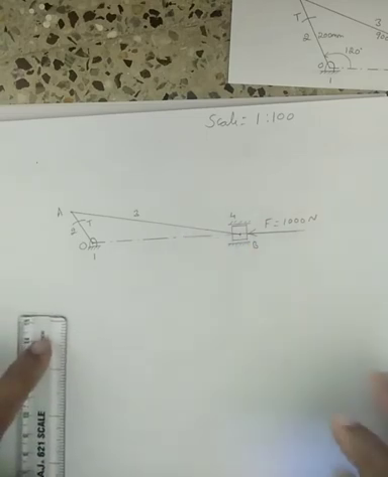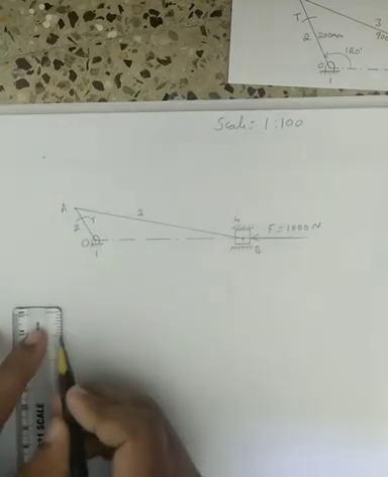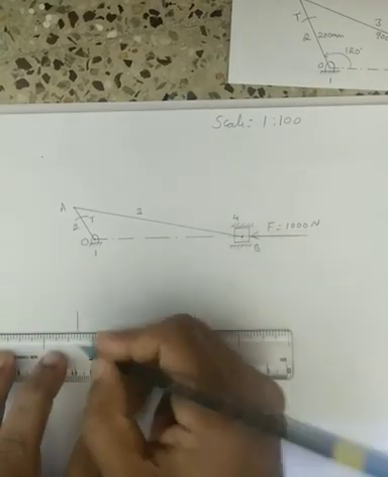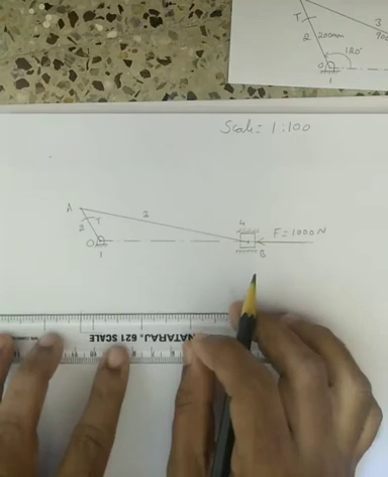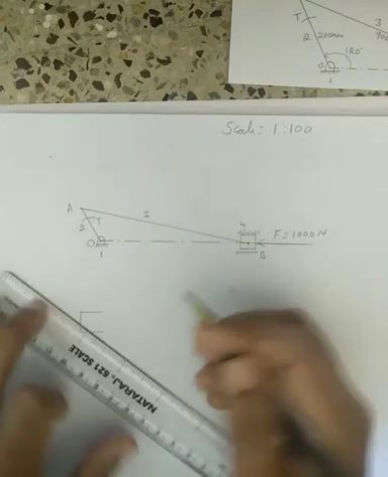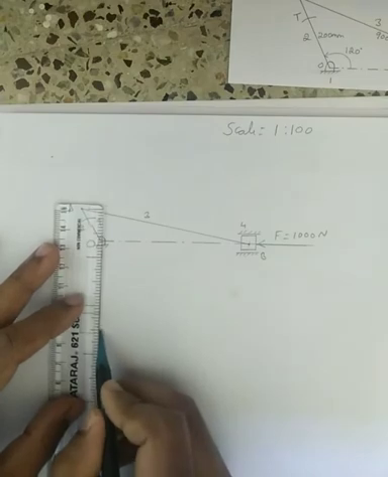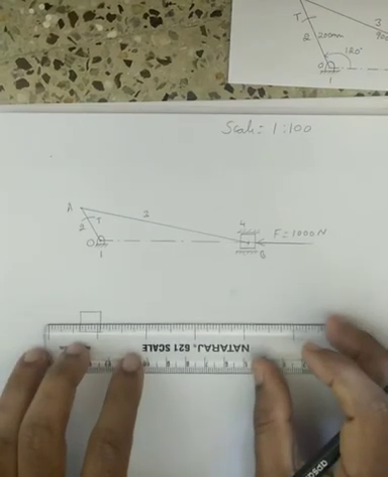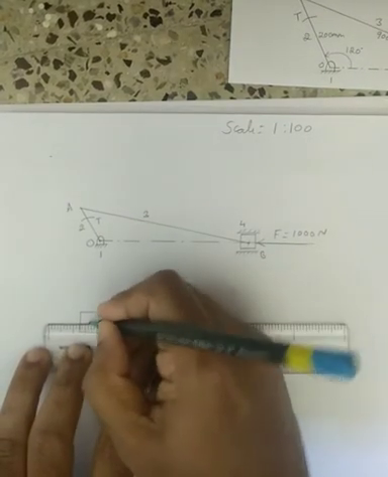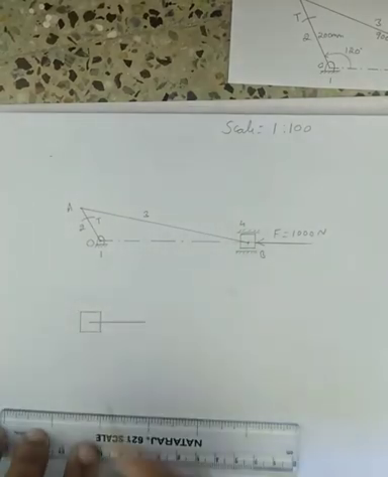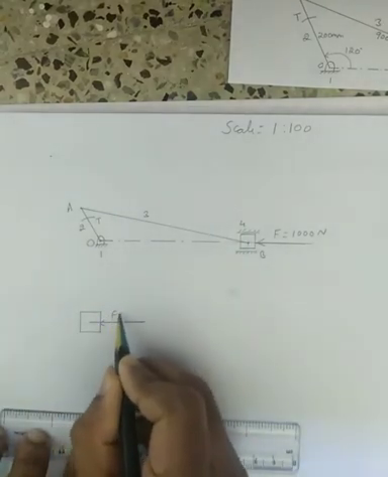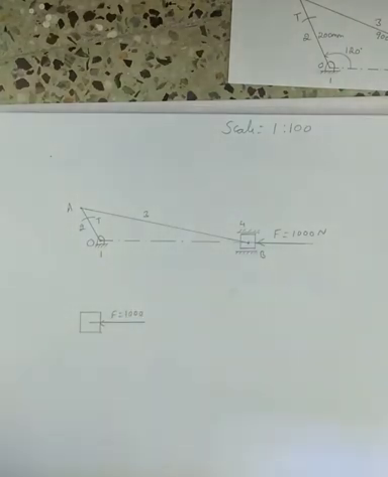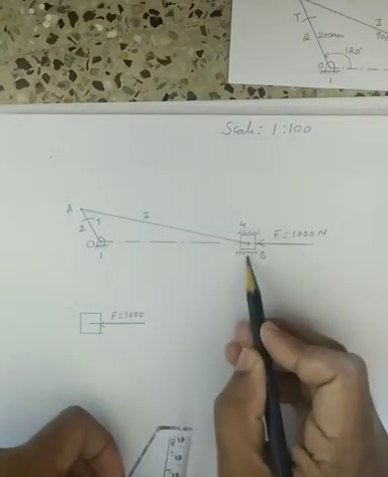So I will take link 4 and make a simple box. Force F is acting horizontally. Now two forces are acting, one from link 1.